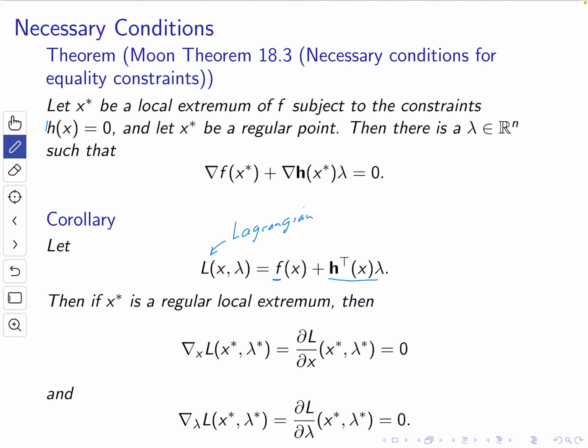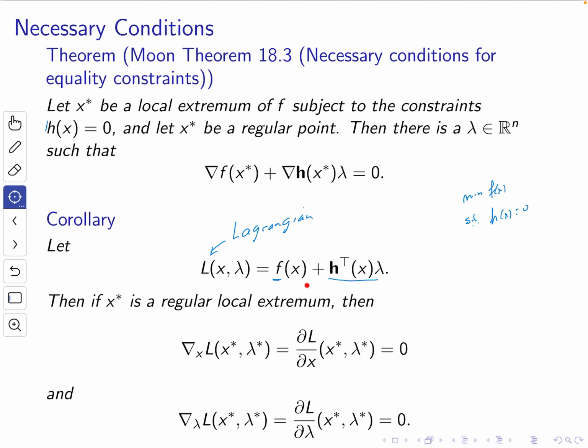So again, we're trying to solve this problem: minimize f of x, subject to the constraint that h of x is equal to 0. If I form the Lagrangian that has my f in there, and then has all my constraints, h transpose lambda, then x is a regular local extremum.